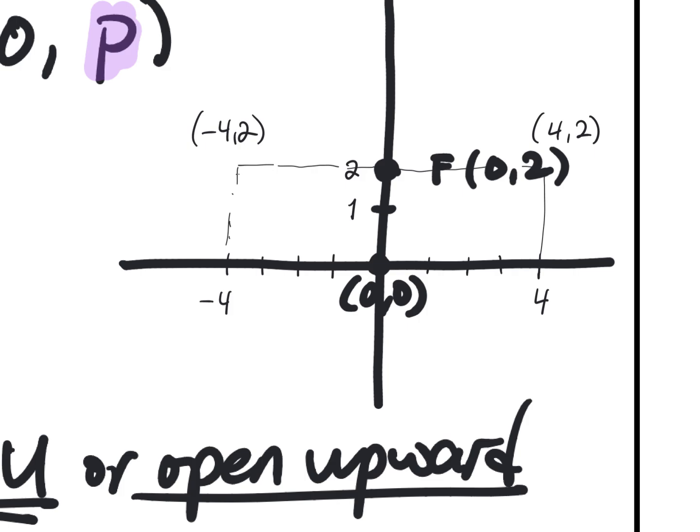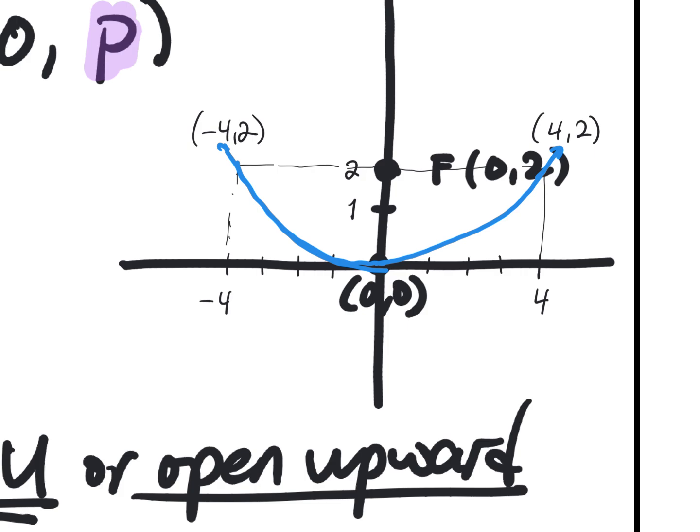I'm going to use another color. So it's going to be doing this way, and from here the latus rectum is going to be going this way. Oops, it's okay. So our graph will be looking this way.